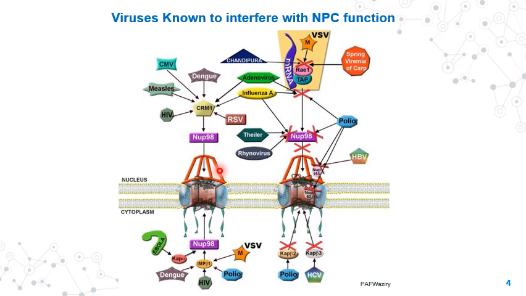Because viruses are very smart. So the viruses learned that if they block nuclear transport, meaning if they block the pore, they take over the cell function. And viruses are very good at doing that, taking over the cell function.